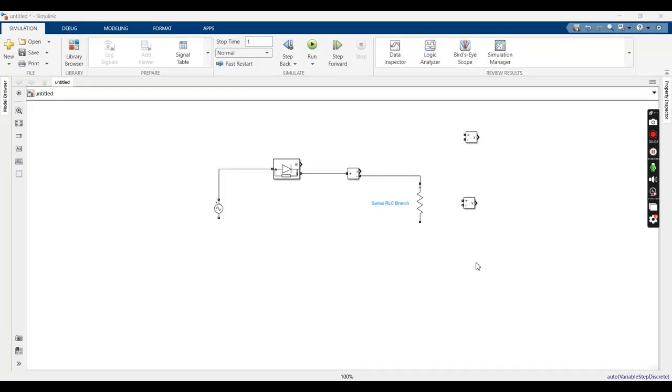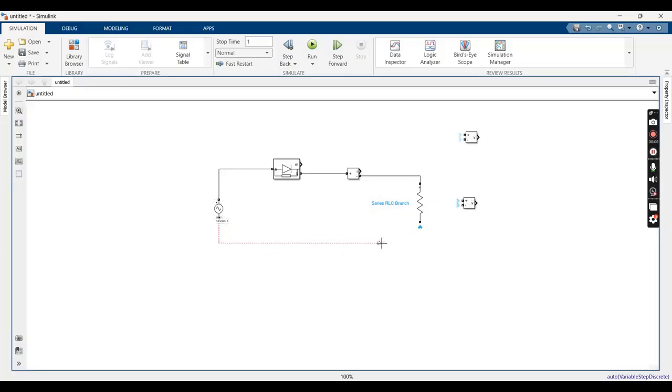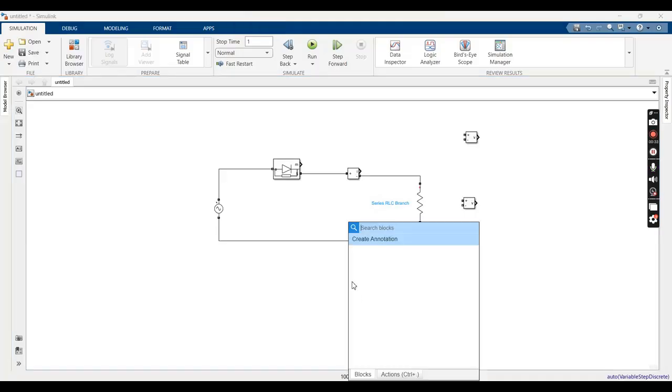Now complete the circuit like a half-wave rectifier circuit. Now we need an electrical reference ground because every Simscape circuit needs a common reference point to solve the nodal equations.